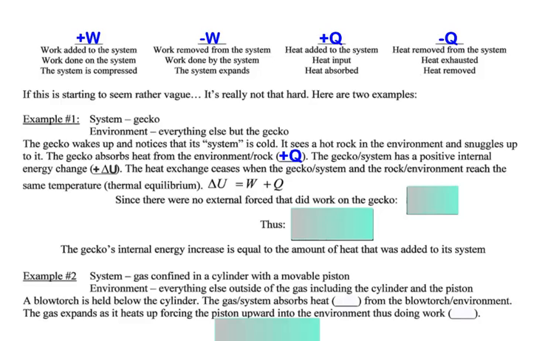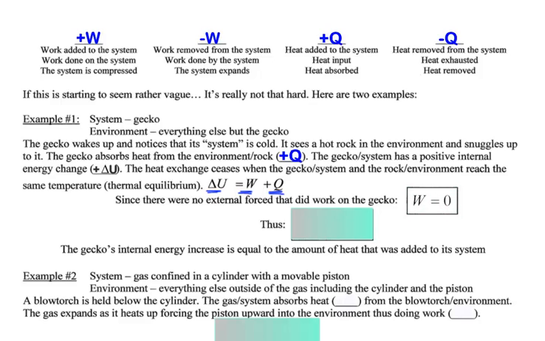So remember, U is our energy or our internal energy. The heat exchange ceases when the gecko system and the rock environment reach the same temperature, right? So you're in thermal equilibrium. So looking at our equation, right, we can add energy by something doing work or by the process of heating.